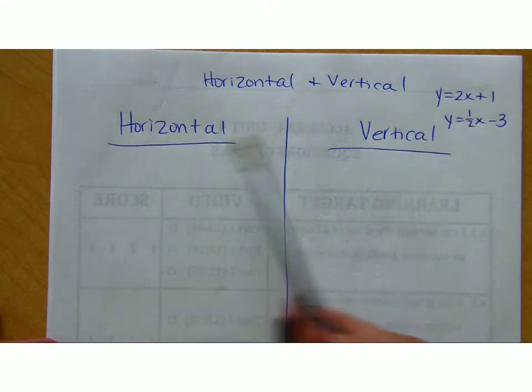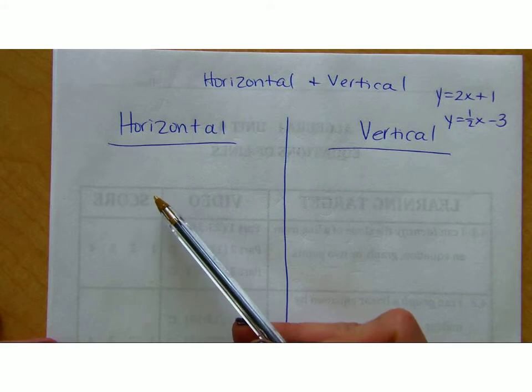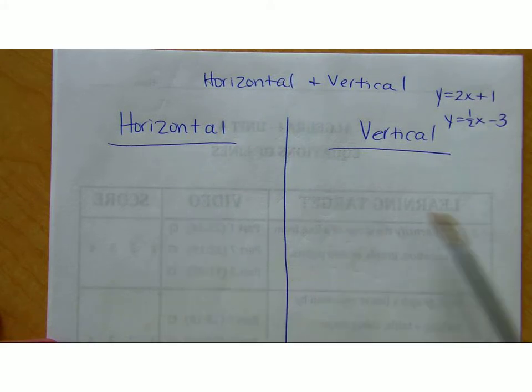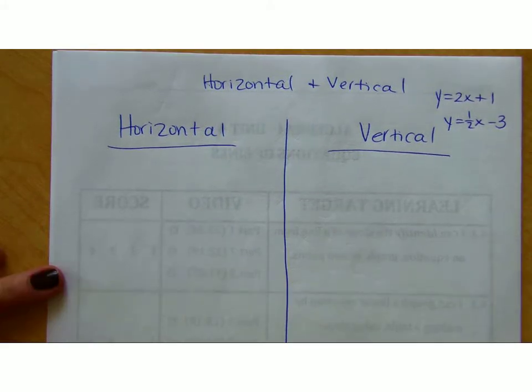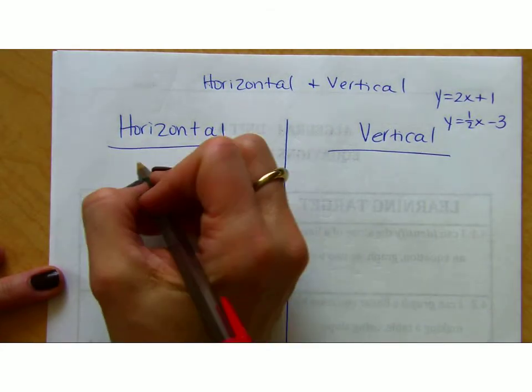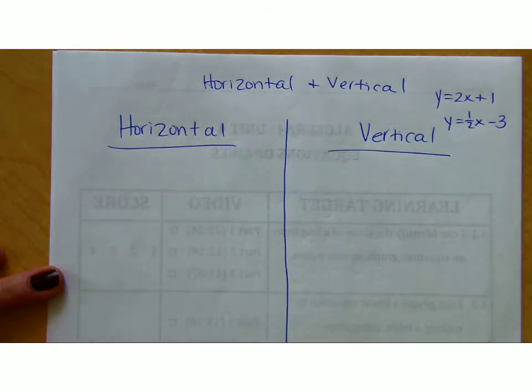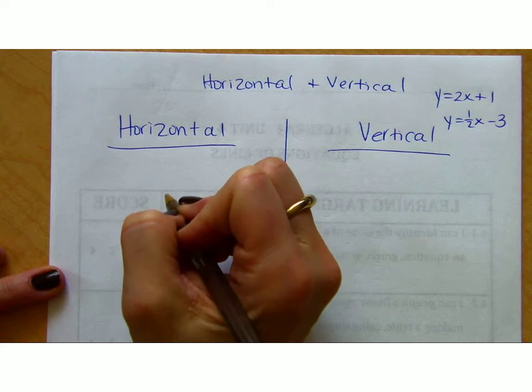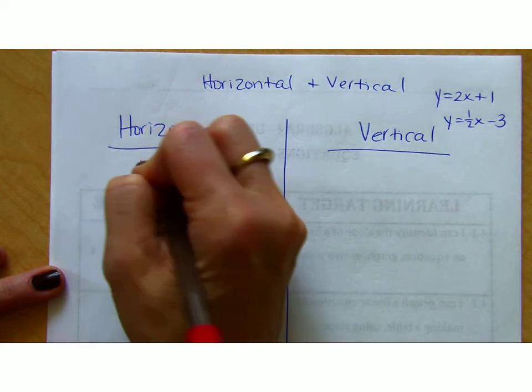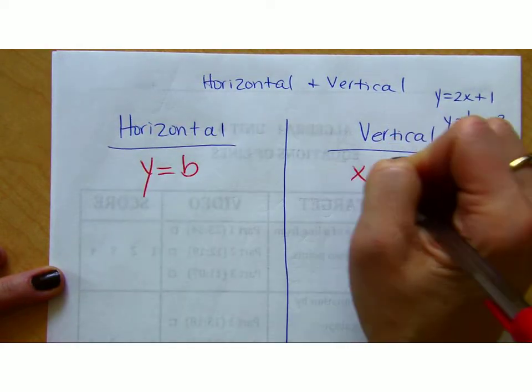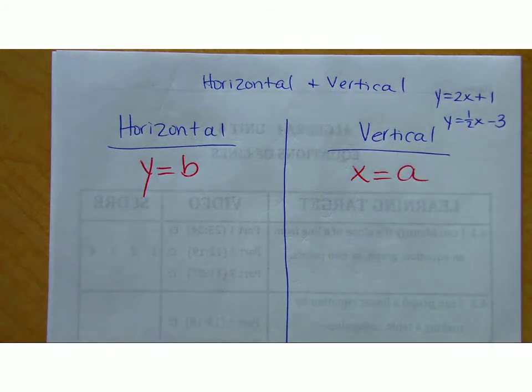In these special cases, one of them only has an x and no y. One of them has a y with no x. So technically, the way to write a horizontal and a vertical equation is y equals b, x equals a. Okay?